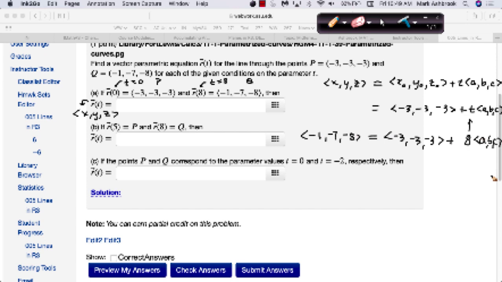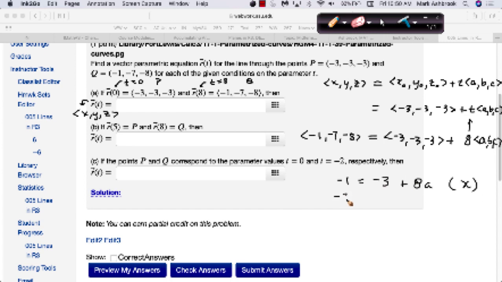All we need to do is, well, no, we have to do it for all three. So we have 8 times A plus -3 equals -1. So now we can make the parametric form. We can say -1 equals -3 plus 8A. That's the x coordinate. Okay.